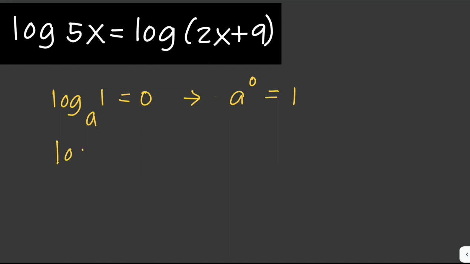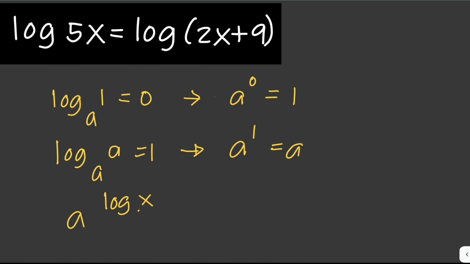Then the logarithm of a to the base a equals 1, and we can write this as a to the 1 equals a. Then a to the power of the logarithm of x to the base a is just equal to x.